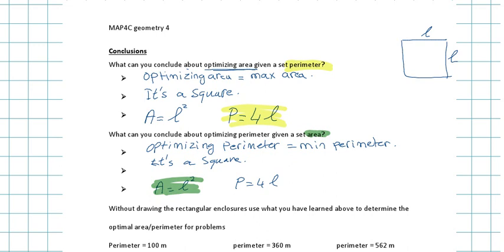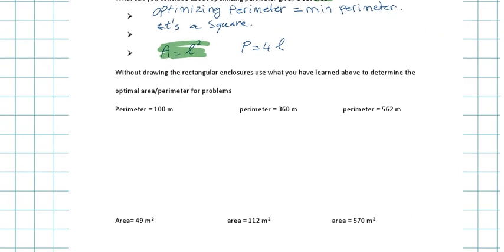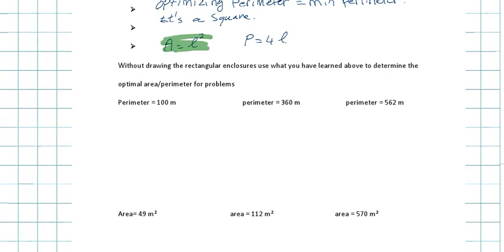So without drawing the rectangular enclosures, use what you have learned above to determine the optimal area or perimeter for the problems. So, if your perimeter is 100, what formula do I start with?